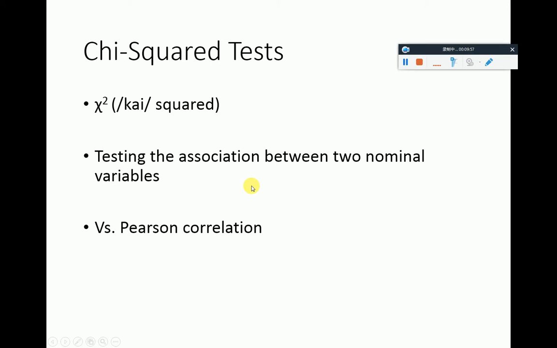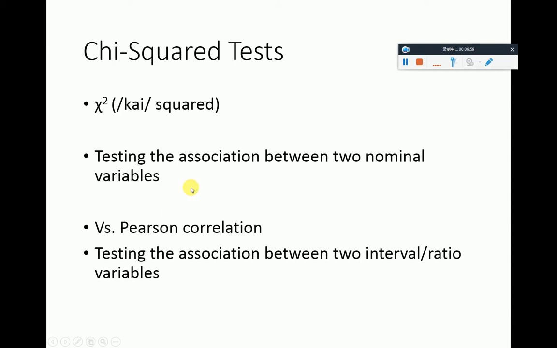And of course, we should always keep in mind that there's a very big difference between these two tests at this level. Pearson correlation is for two continuous variables, and the chi-square test is for establishing the correlation between two nominal variables. Okay, all right, just some basics.